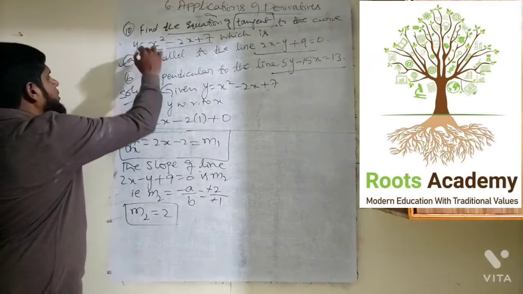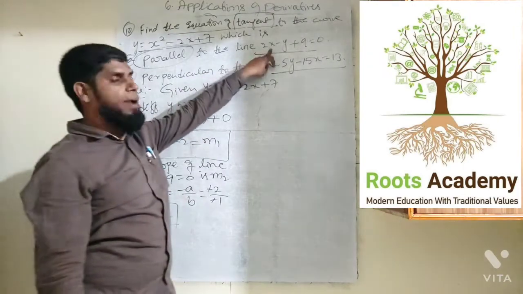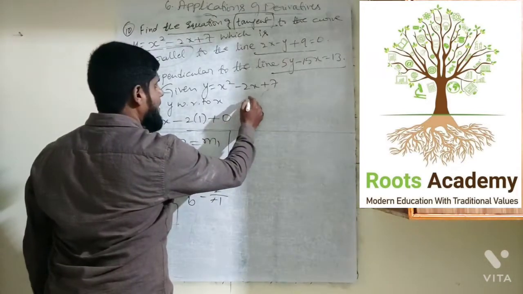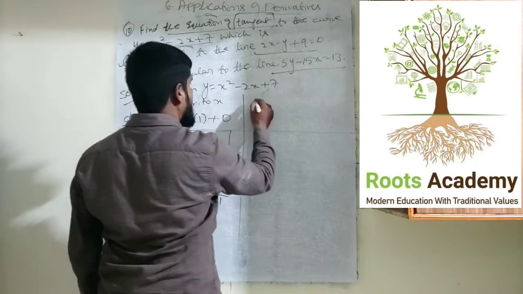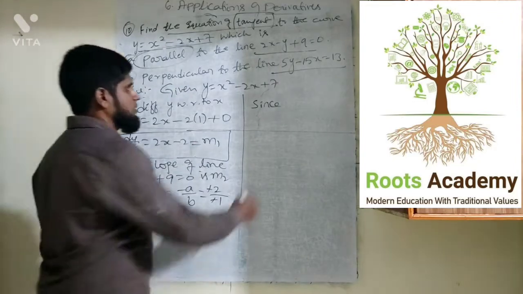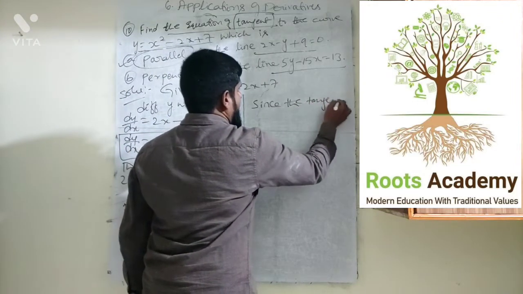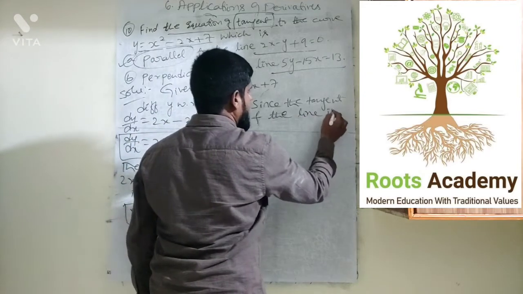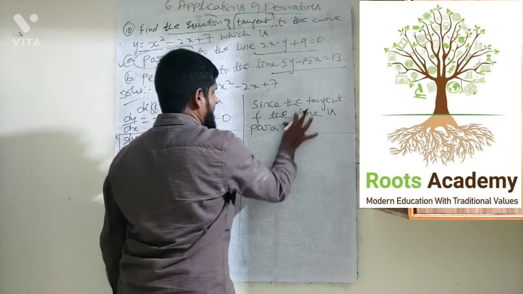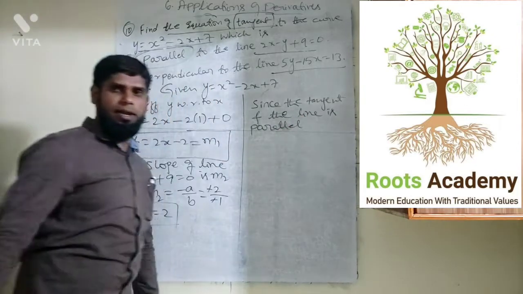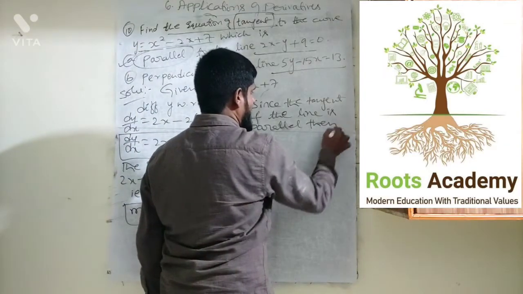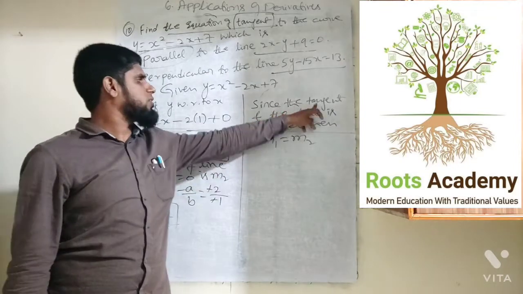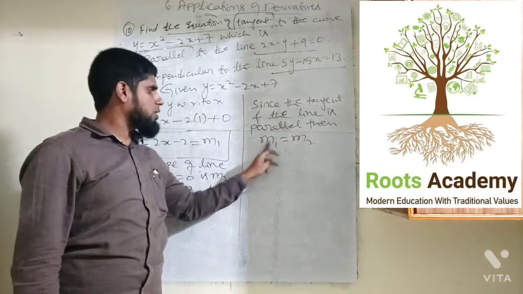Now in the first condition, he is declaring that the tangent and the line are parallel. Hence, if the tangent and the line are parallel, then m1 is equal to m2; the slopes are equal.